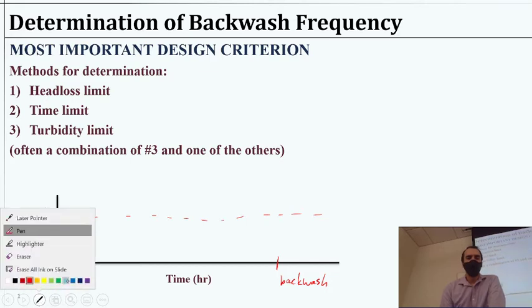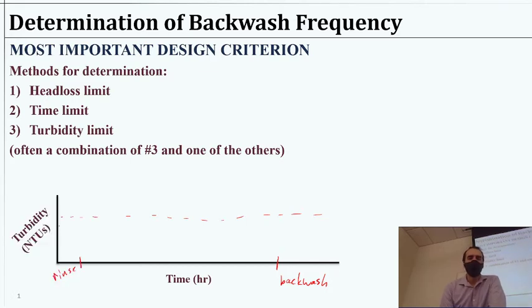So if we're monitoring it as we start the cycle, it's very likely going to spike almost immediately above the limit, or perhaps even start that way, until maybe 20 minutes or so.